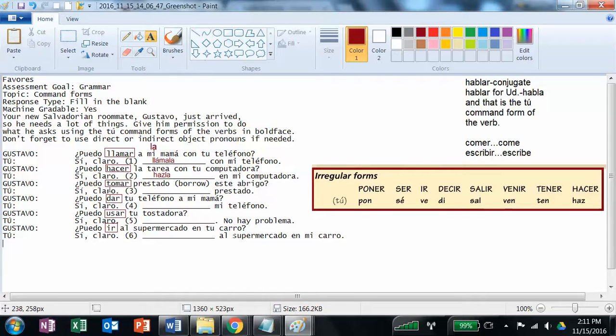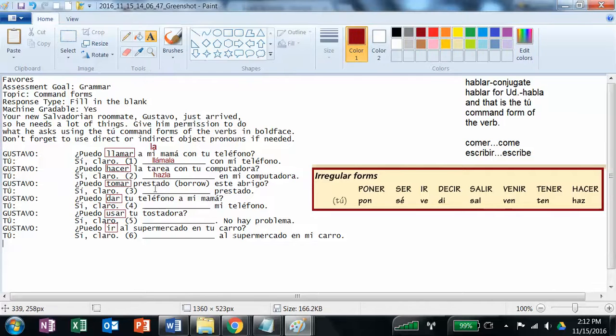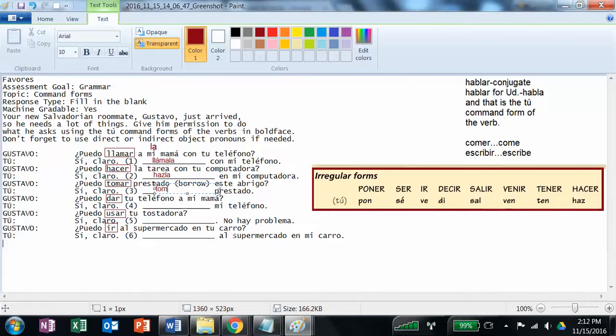Okay, ¿puedo tomar prestado este abrigo? Sí, claro. Take it on loan. And it's the abrigo this time, so abrigo would be lo. So I would do, I have tomar, and I need to make tomar for the usted form, which would be toma. Then I put lo.